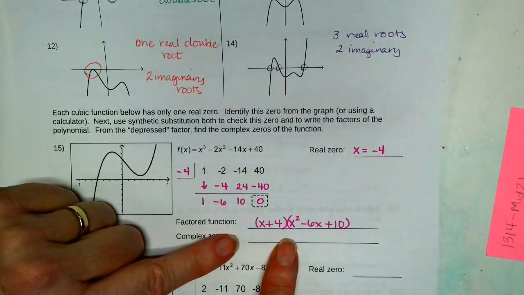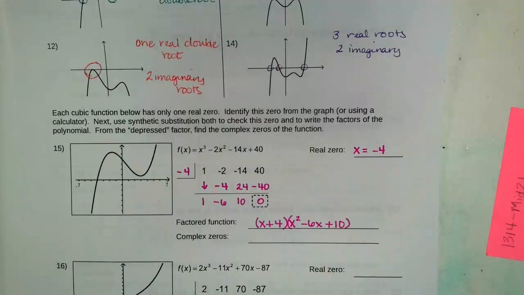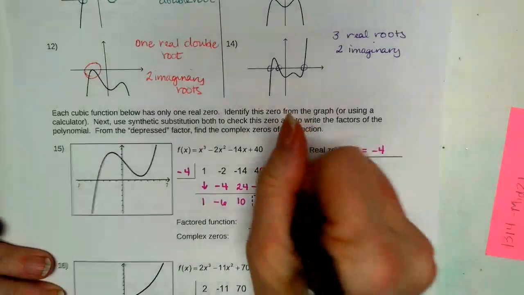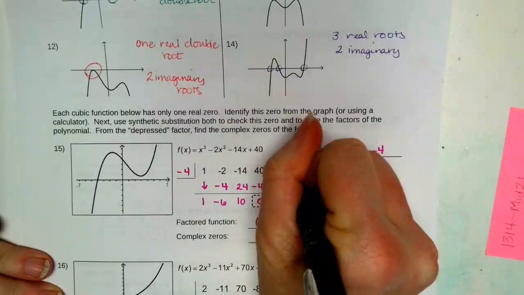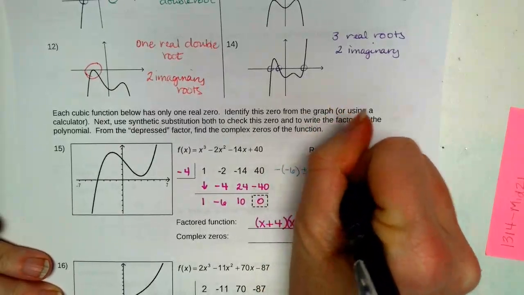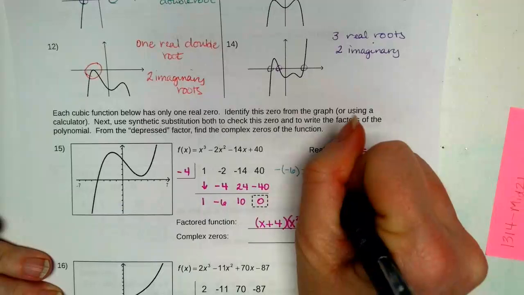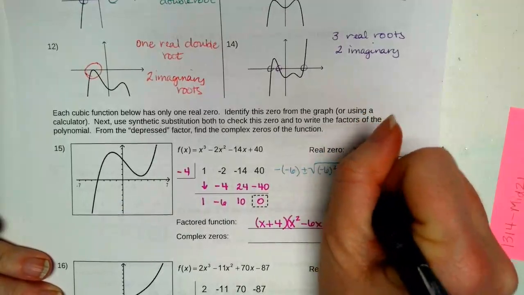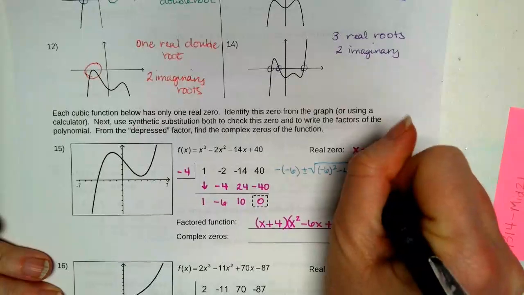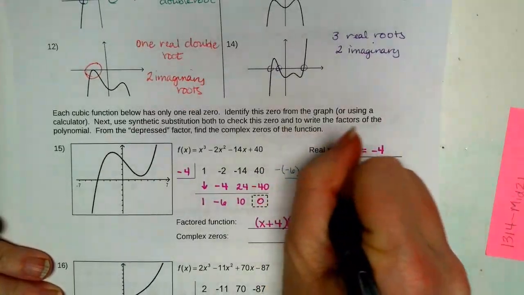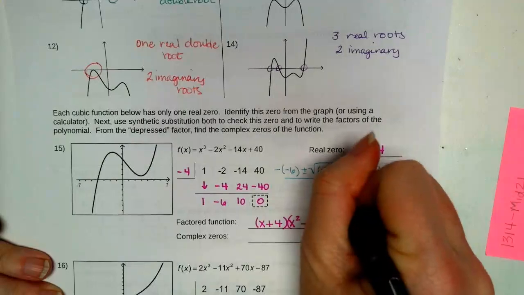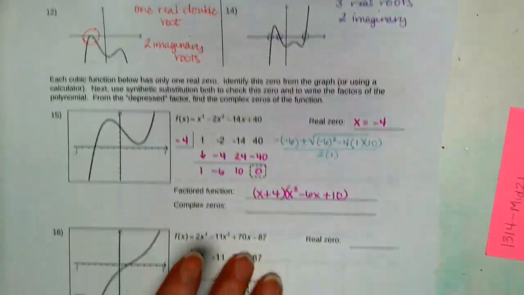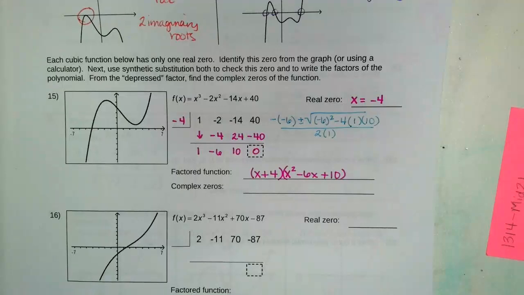So I'm going to use the quadratic formula just like we did on the front page. Plug it in. Negative, negative 6. So I'm just plugging everything into the quadratic formula and simplifying.